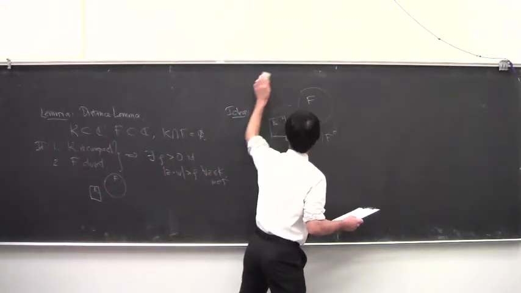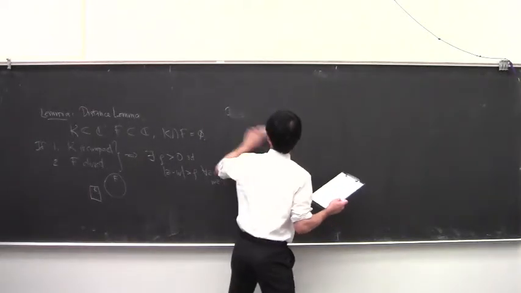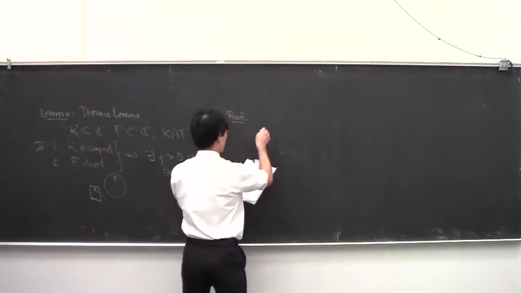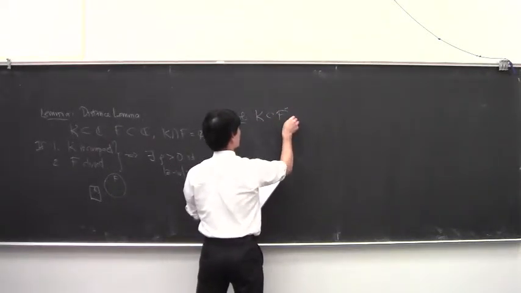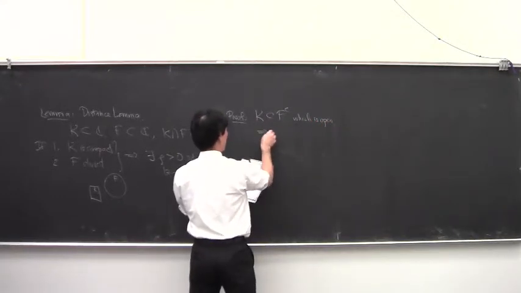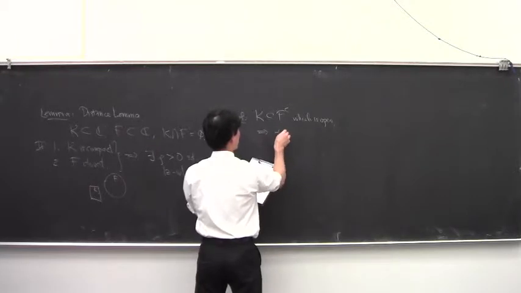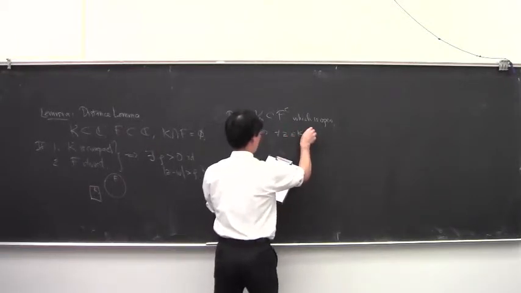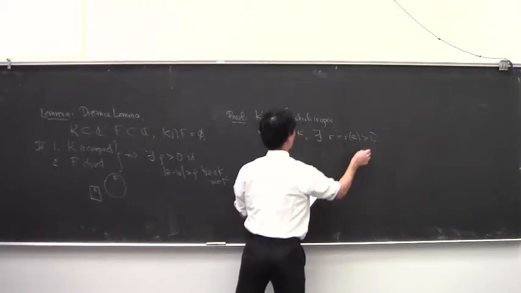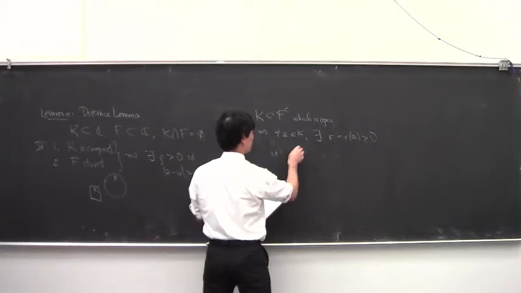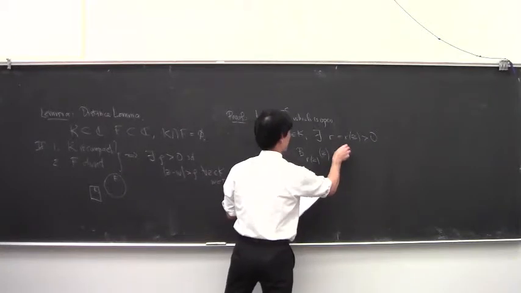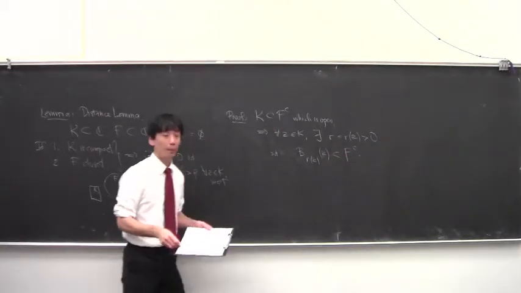Let me write it out. K is in F complement, which is open. So for each z in K, there exists some radius r_z so that the ball of radius r_z centered at z is contained in F complement.